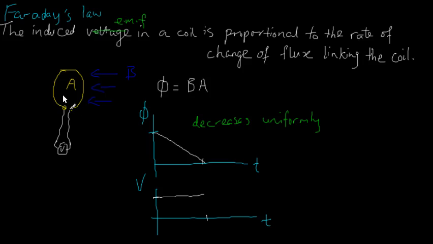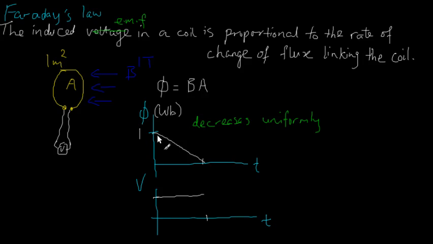Suppose that I think of some numbers for this. Suppose that the area is 1 meter squared and flux density is 1 Tesla in the beginning. Then, as we have seen just now, this means a flux of 1 Weber. So the starting flux is 1.